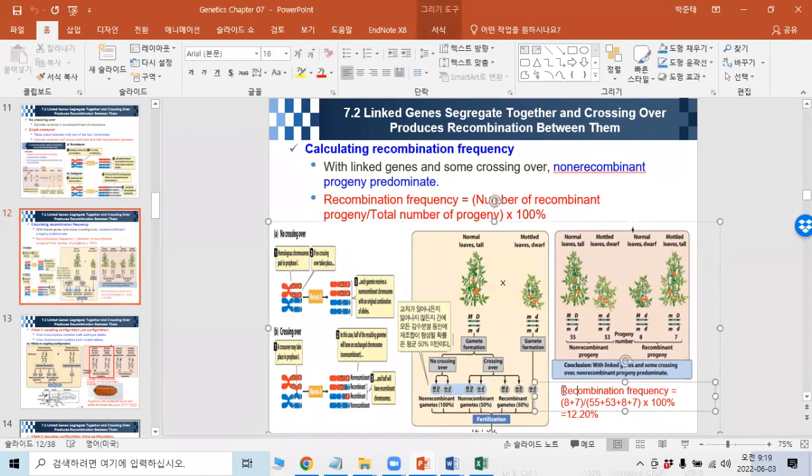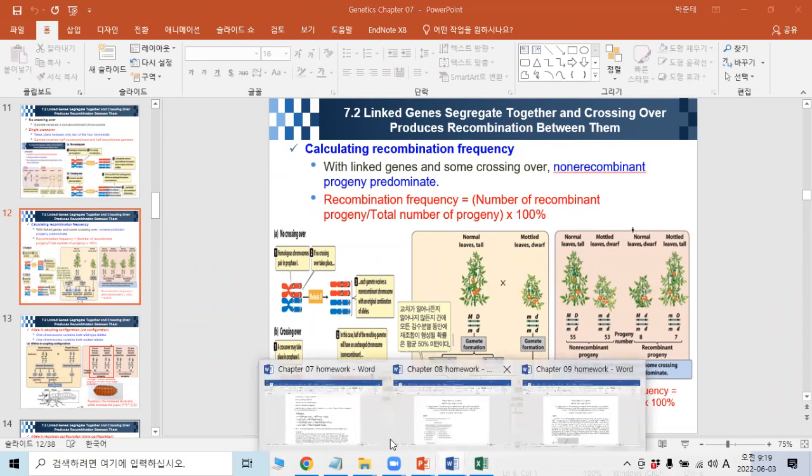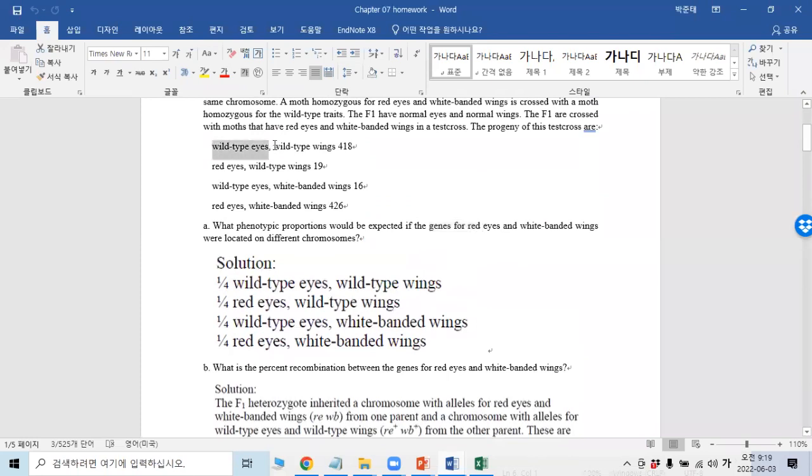Based on this, we can calculate the recombination frequency. The recombinant progeny are 8 and 7, so 8 plus 7 is divided by the total number. This is the recombination frequency. In this one, this is non-recombinant because the number is higher, and this one is also non-recombinant because the number is higher.